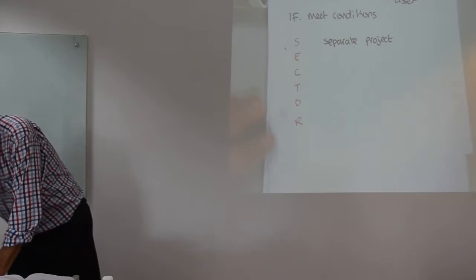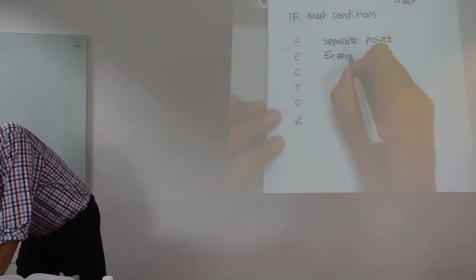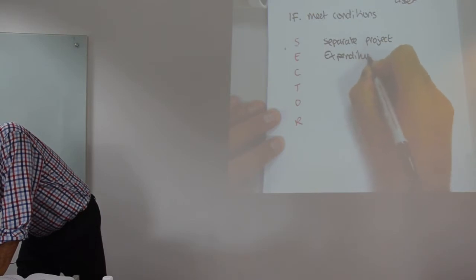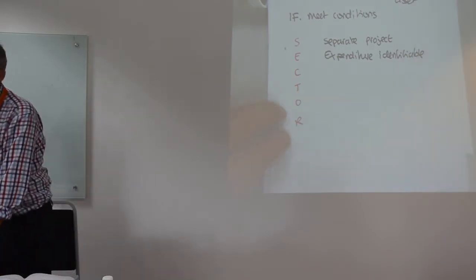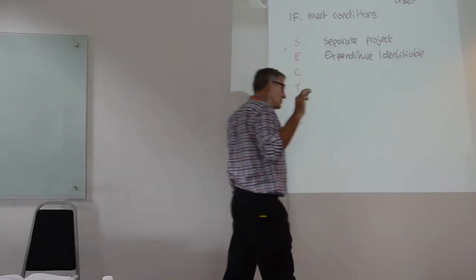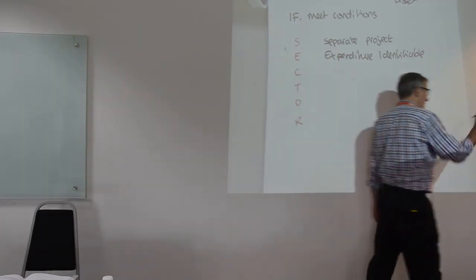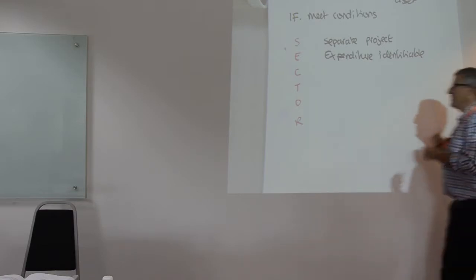New drug, new car. The expenditure is identifiable. You set up a cost center, so you know the wages of the people who are working on it. You know the materials they are using, the rent. You are able to identify the costs.